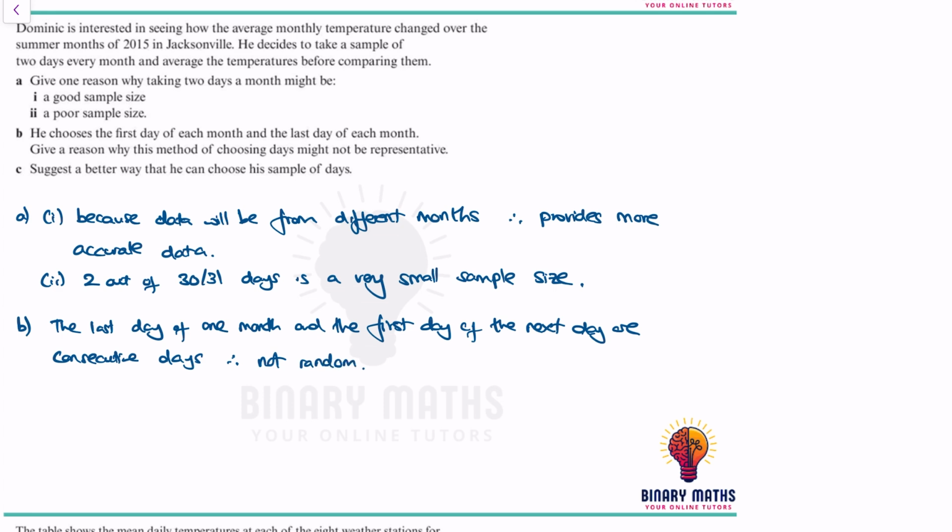They may be affected by weather patterns, because if they're consecutive days, and there's a hurricane, for example, or a storm that lasts for a few days, then that will affect both days. So just a better way they can choose their sample of days.